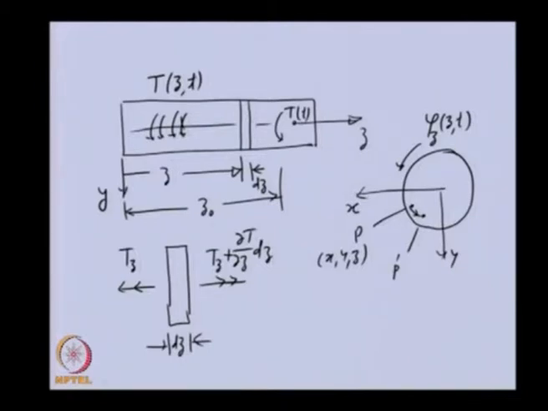Even for the angular displacement, I am representing that, let us say the positive direction is this one, phi z, which is a function of z and t, and this direction also, because from left to right is the positive direction for z.